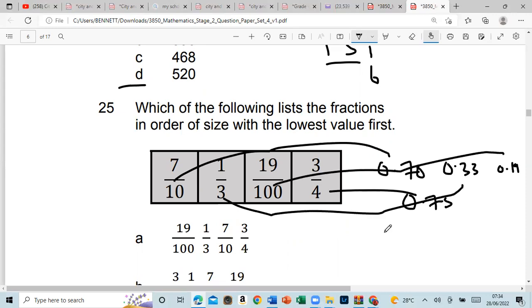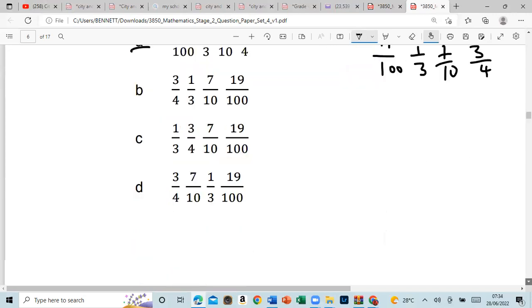So this is smallest, 19 over 100 is smallest, then 1/3, then 3/4. So all we have to do is put it in order. That's A. So boom.